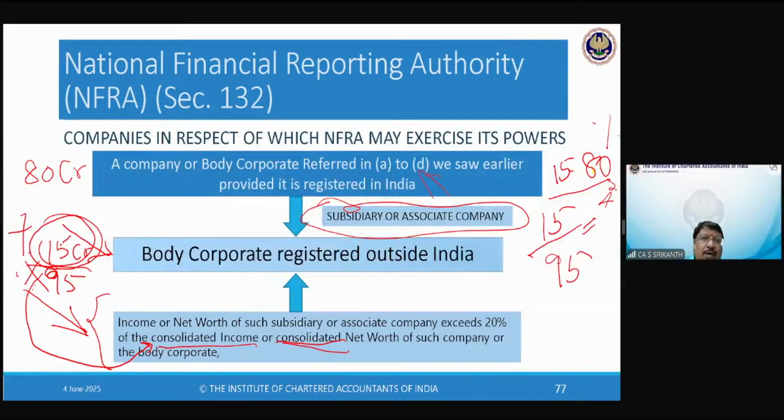Therefore, not applicable. Suppose it is 25. Automatically, the other will become 75, and the total becomes 100.